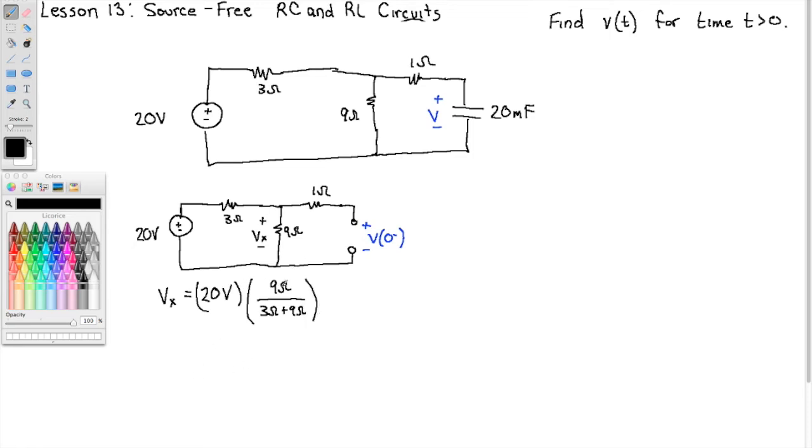Right? So this fraction is 9/12 or 3/4. 3/4 of 20 is 15. So Vx is 15. That's the voltage at this node up top with respect to this node on the bottom. But there's no drop across the 1 ohm resistor. So if there's no drop from left to right, that's also the voltage from this node, and it just circled, with respect to the bottom. That's precisely the voltage we're looking for.